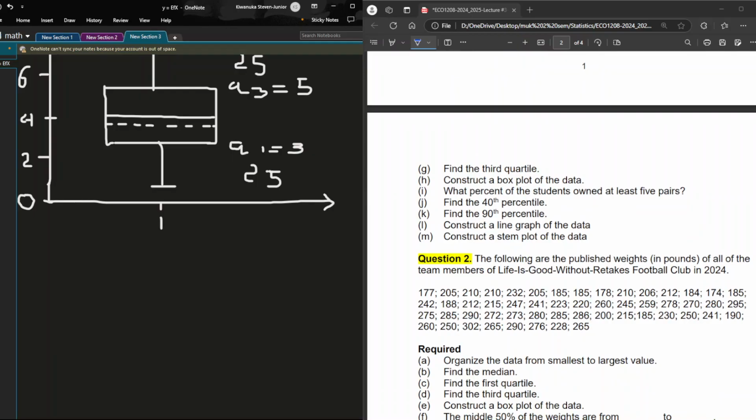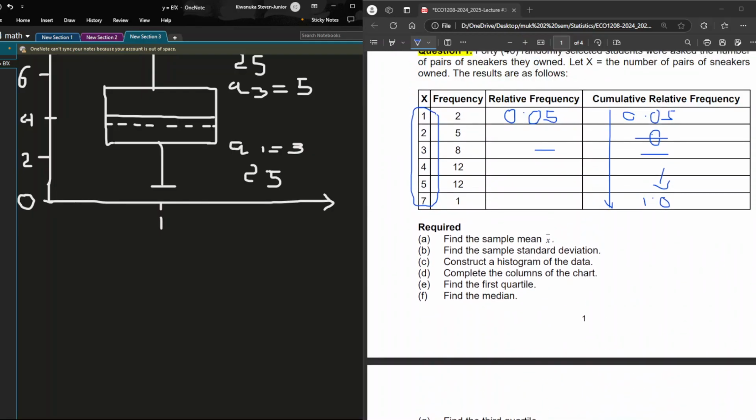That's our box plot. They are telling us to find what percentage of the students owned at least 5 pairs. Come to our data: at least 5 pairs is 12 and 1. So that means the percentage of the students who owned at least 5 pairs is 12 plus 1 out of the whole total, times 100%.